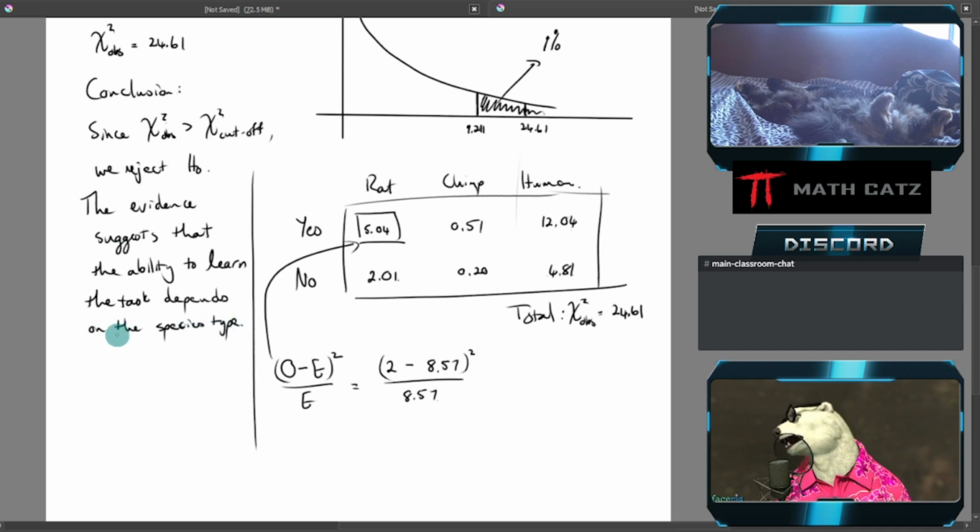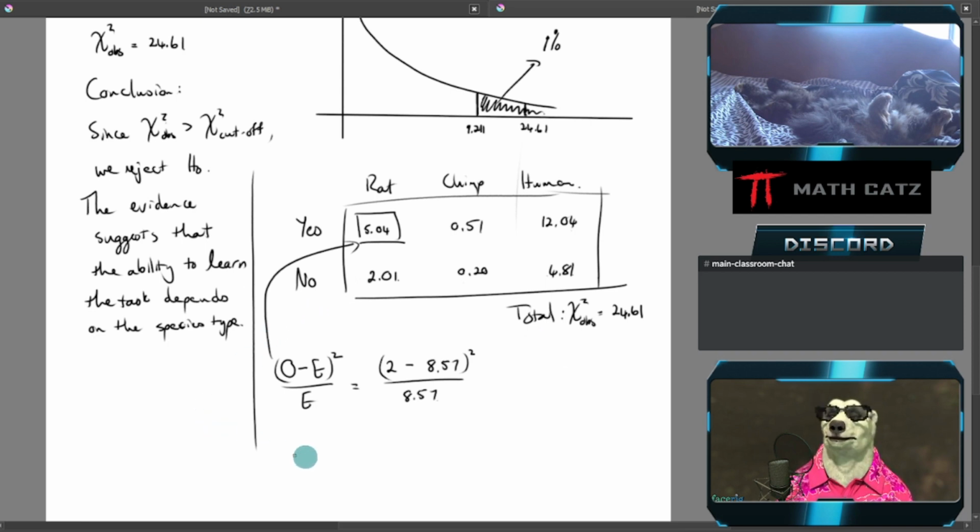You can say a lot of things here. You can phrase this in a lot of ways, right? There's some relationship between them. We don't know what that is, but the evidence suggests that being a rat versus being a chimp versus being a human does affect your ability to learn the task somehow.